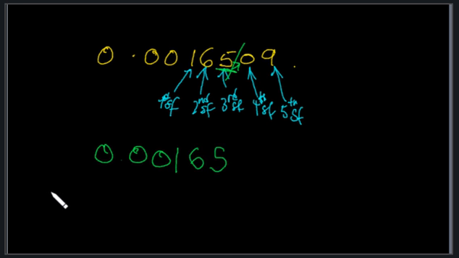Let's take another example. Let's say I had 0.10926, and I wanted to round this number to 4 significant figures. Again, I'm looking for the first non-zero digit as my first significant figure.